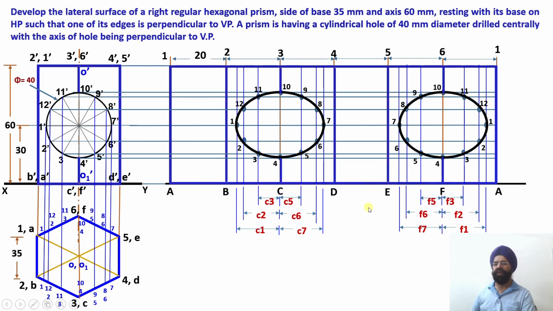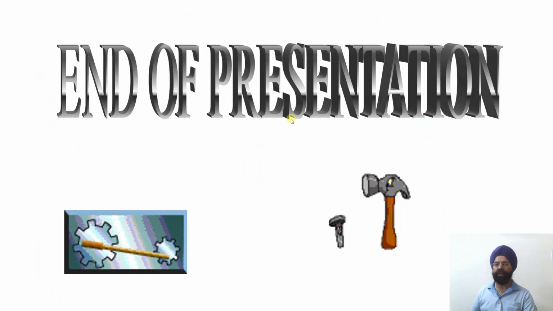So this is the final development of a hexagonal prism which is cut by a circular hole at the center of the axis over there, right? So this is the development we have obtained using the principles of projections of solids, then section of solids, and then the parallel line development method. Okay, so all these three techniques, they have been used to make the development of a hexagonal prism over there.